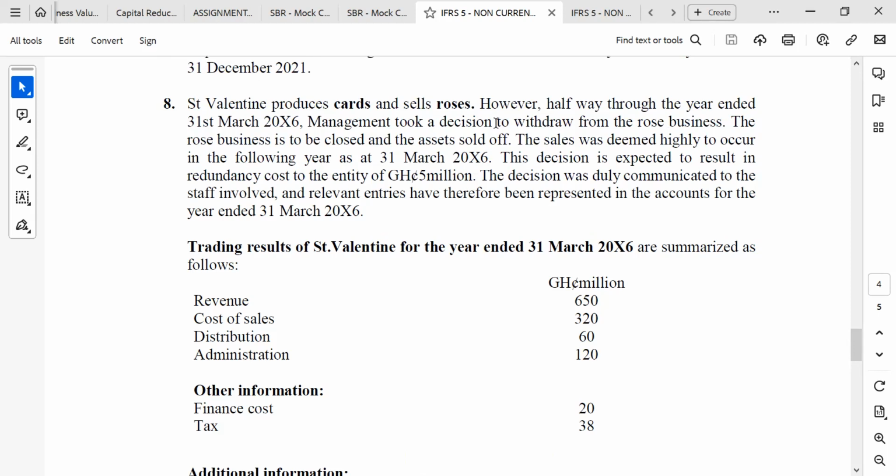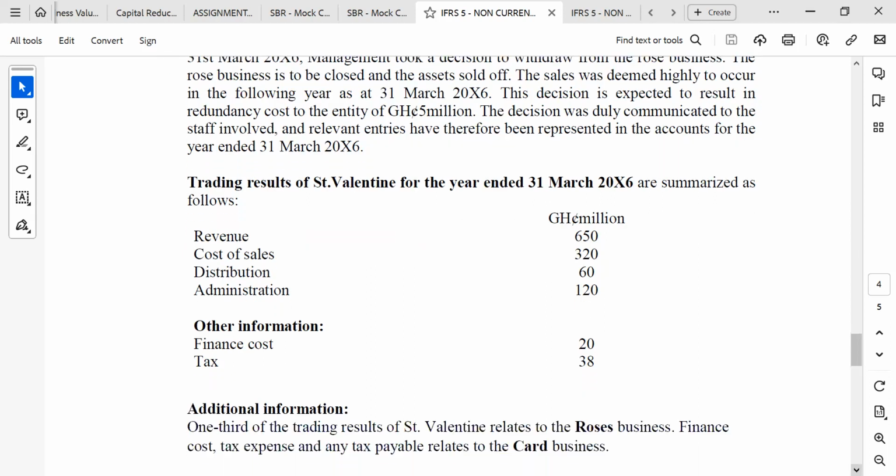The sale was deemed highly likely to occur in the following year as at 31st March 2006. This decision is expected to result in redundancy costs to the entity of 5 million Ghana cedis. The decision was duly communicated to the staff involved, and relevant entries have therefore been represented in the accounts of the year ended 31st March 2006.